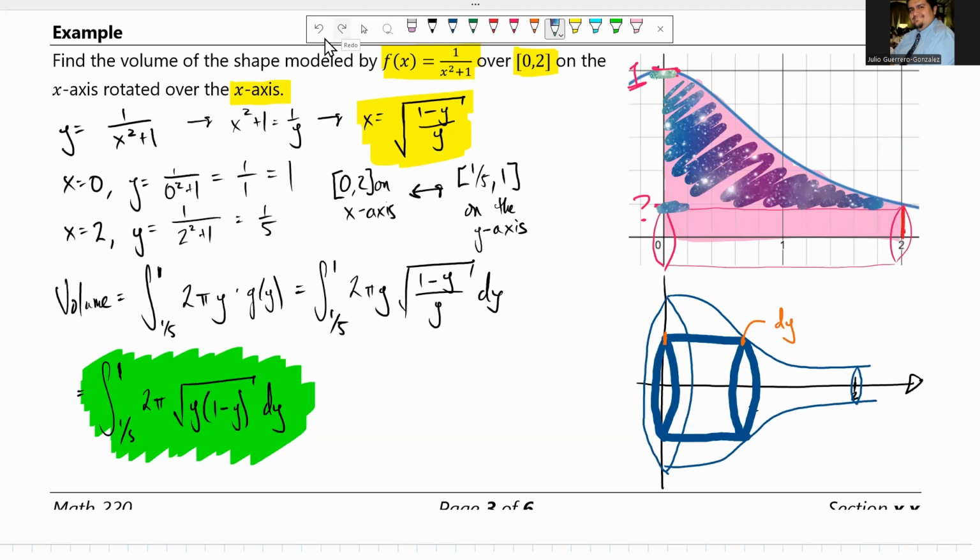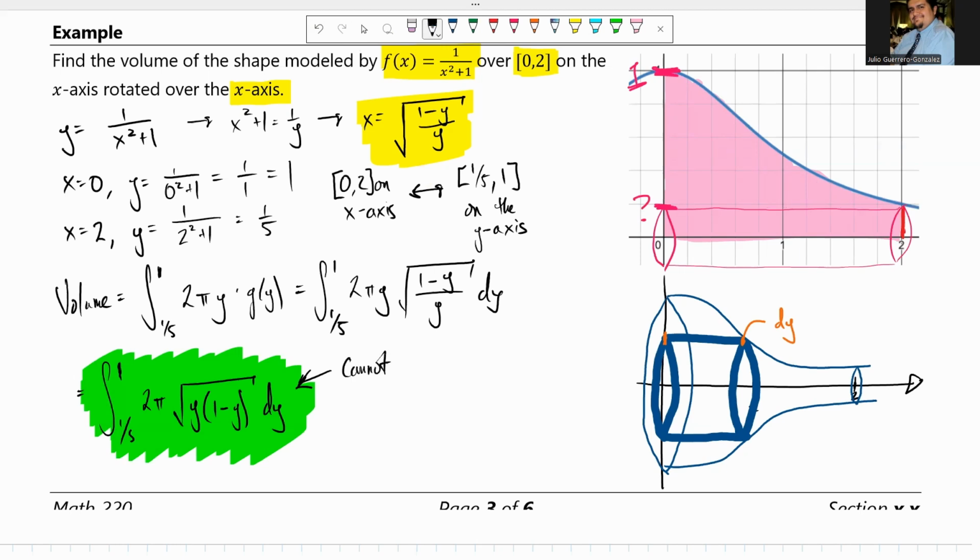And it turns out, and I'm going to write this down here, this integral right here, using the current methods that we have at our disposal up to now, we can't solve it. So I'm going to write that down.